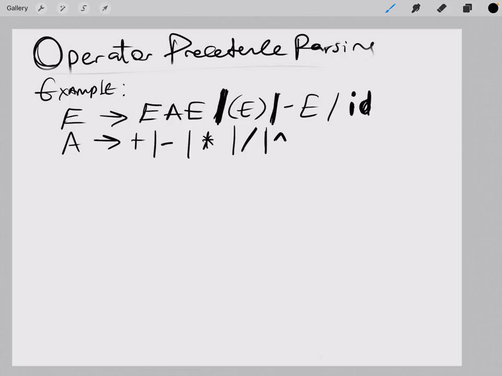Now, from the onset, we already see that there's a problem. There are three adjacent non-terminals, and that is a deal breaker for us. So how do we make this into an operator grammar? Simple. We make sure this non-terminal does not exist by putting all the values back into this place.